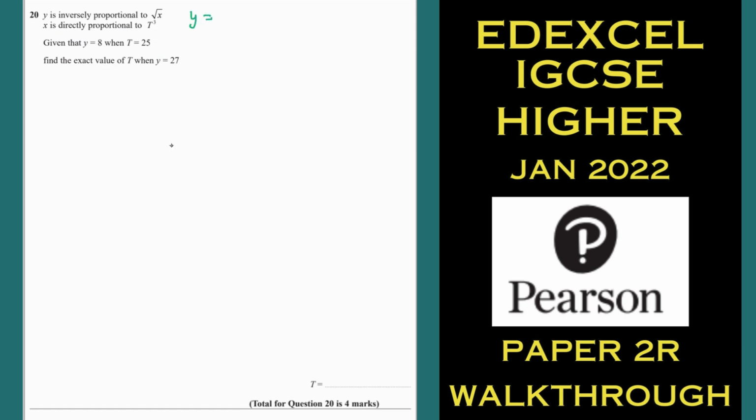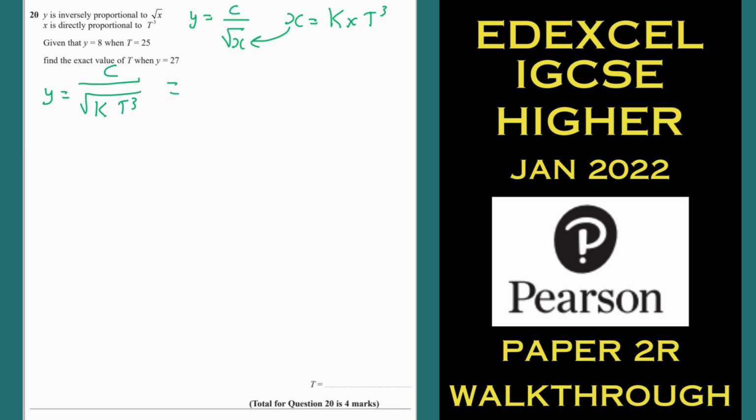Y is inversely proportional to root x, and the second line, x is directly proportional to t cubed. So basically, that's going in there. So our new formula will be y equals c divided by the root of kt cubed.